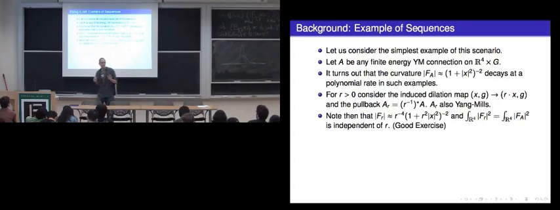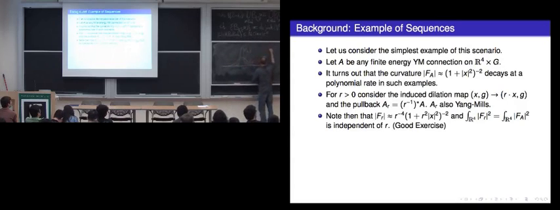What's particularly interesting is that after I do this, not only is the energy of this connection still bounded, it's exactly the same. Nothing changed. Here's the norm of F_A, and here's the norm of F_{A_r}, and as it turns out, their global energies on R4 are the same. This is in dimension 4 only.